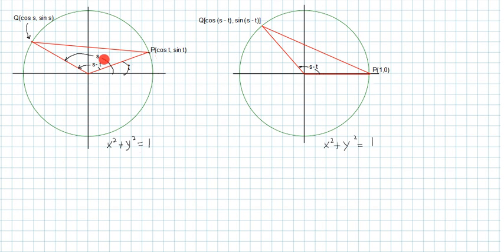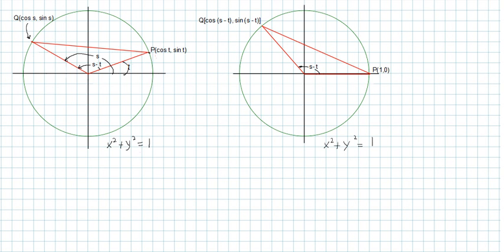I have the angle s, and analyzing this line, we can get the coordinates for this point right there. The reference angle for angle s is this one right here. So I can do the same thing: cosine of s, sine of s.